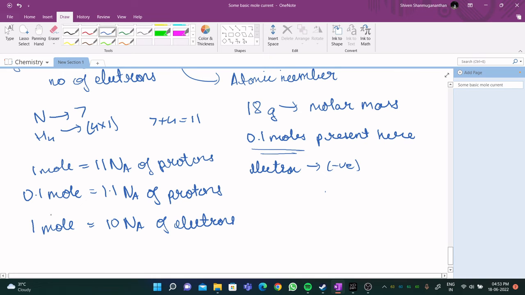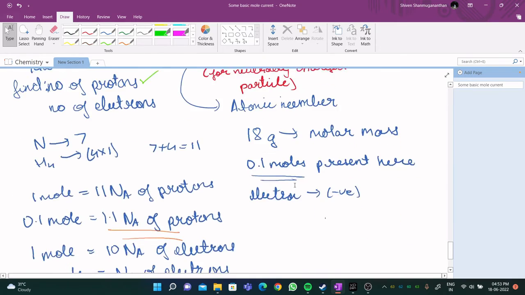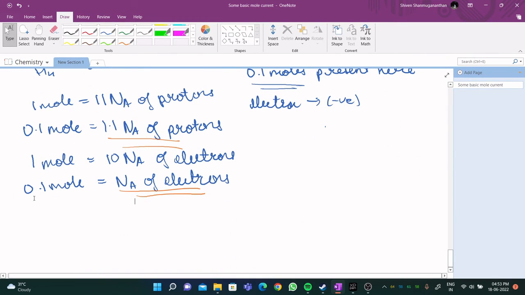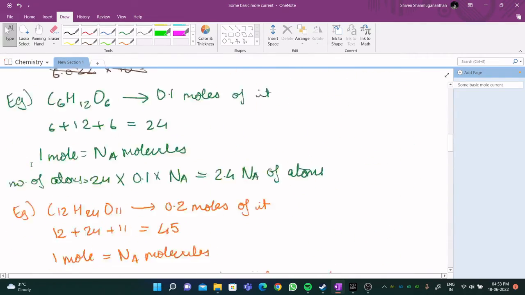But we don't have 1 mole, we have 0.1, so 0.1 mole is 10 times 0.1, which is 1 Avogadro's number of electrons. I hope this was clear, not too hard to understand. Then we'll revise from this and move on to one last question.